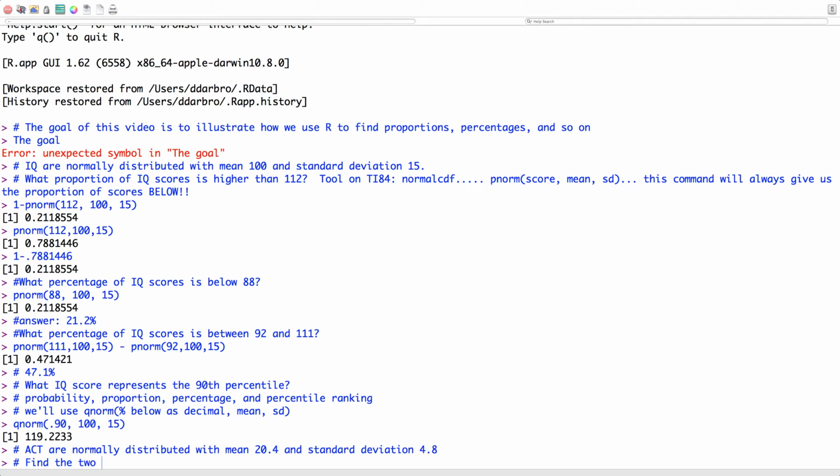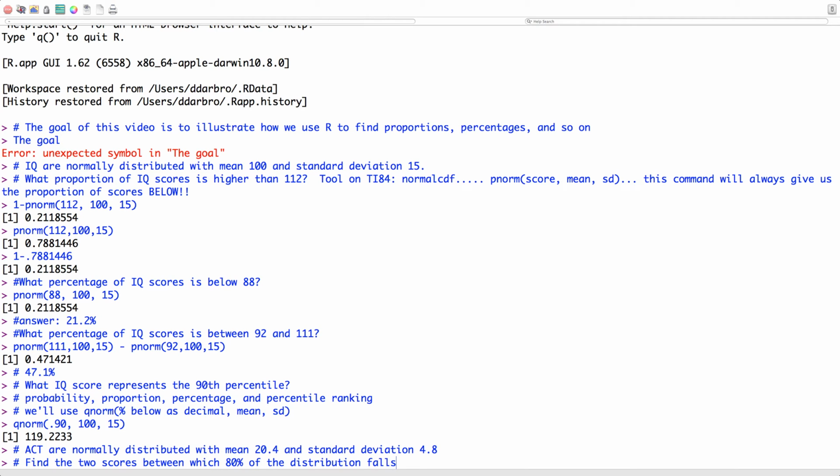Find the two scores... It's easier for me to type than it is to speak. Evidently I'm not talented enough to type and speak at the same time. So find the two scores between which 80% of the distribution falls.